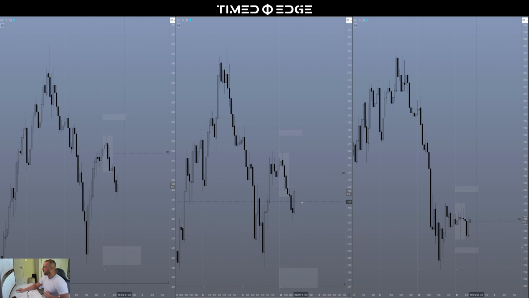If that is the case, I want to see maybe London form a range, and then we get a daily manipulation in New York, and then maybe we might distribute lower here. We've got targets there as well. Nothing there for on the long.